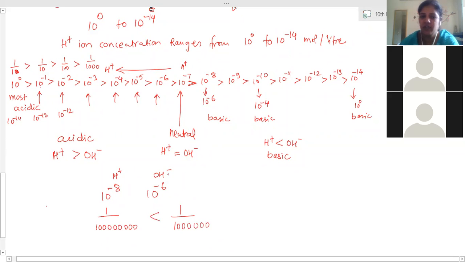This is greater. That means OH minus ions are more in number than H plus ions. In this solution, the OH minus ions are greater than the H plus ions. So this solution is basic in nature.